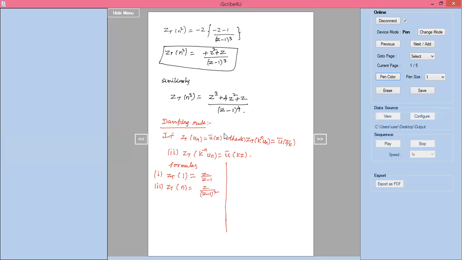The third one is the Z transform of n square equal to Z square plus Z divided by Z minus 1 whole cube.